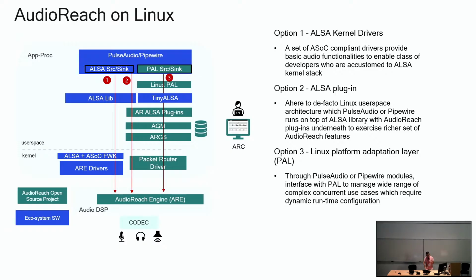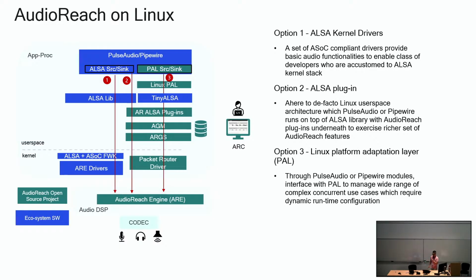So we have the AudioReach ALSA plugins, which plug in underneath the ALSA library. It can be the ALSA library as well as tiny ALSA, so that it can intercept all those commands and then work with AudioReach natively to provide a much richer set of AudioReach features.